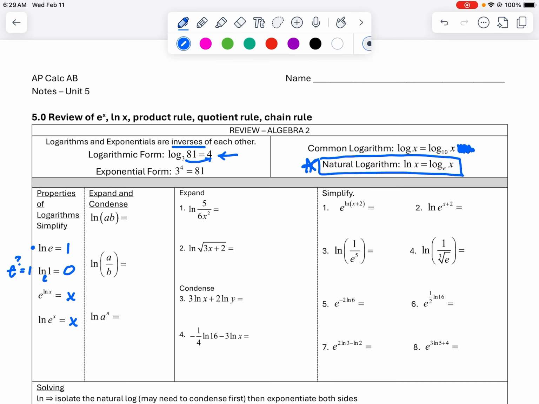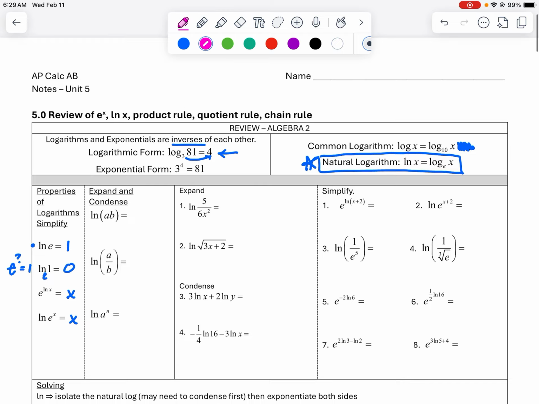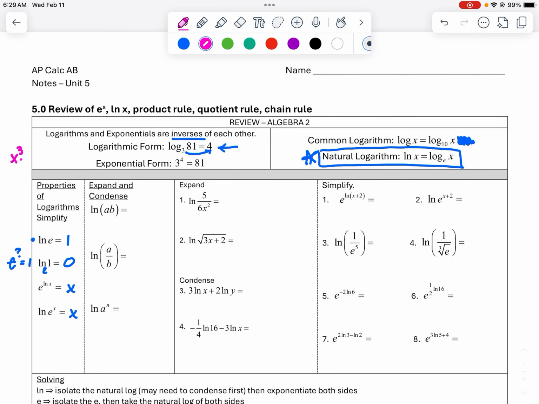We can also expand and condense, and it's similar to exponential rules, such as x to the 3rd times x to the 2nd is x to the 5th. When you're multiplying, you add the exponents. So when you're multiplying within a log, you can split it up by adding. Natural log of a times b can be written as natural log of a plus natural log of b.